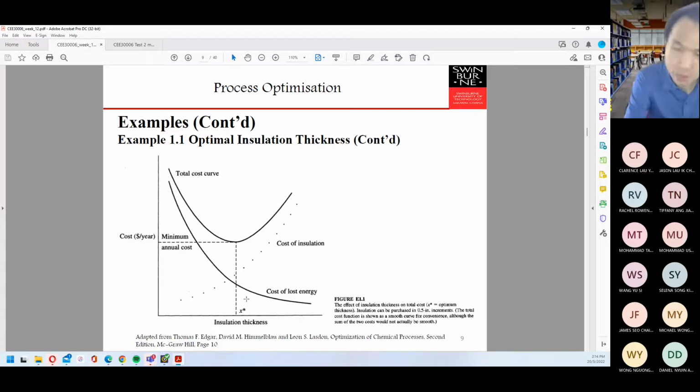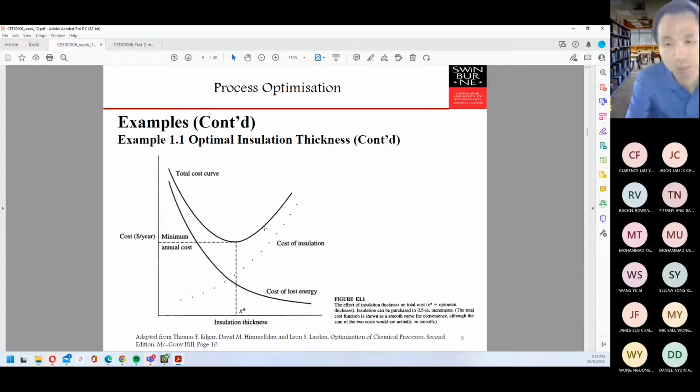Now, after you see this kind of graph in here, that means that your total cost curve will be the addition of the cost of the insulation with the cost of energy. So if you add this with this, you will reach this height. If you add these two, at one point you will have a minimum point here. Okay, then eventually it will increase again.